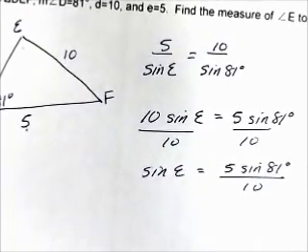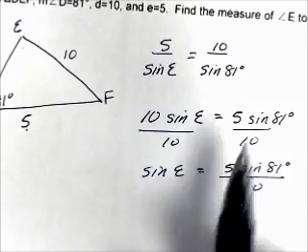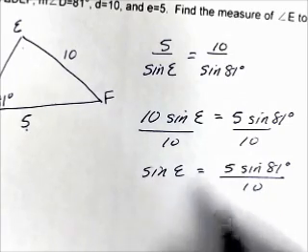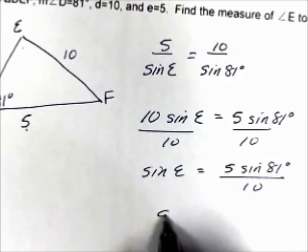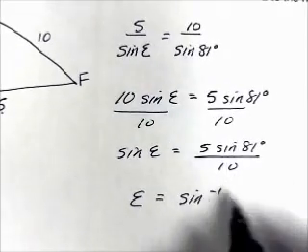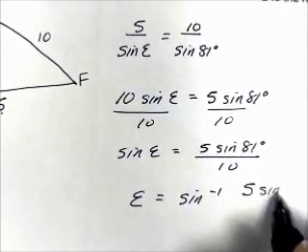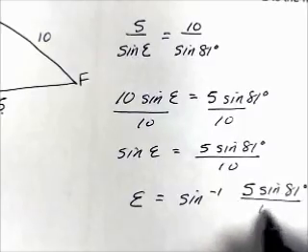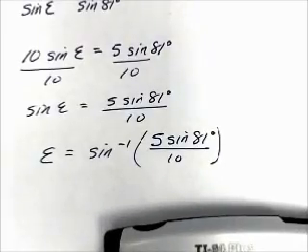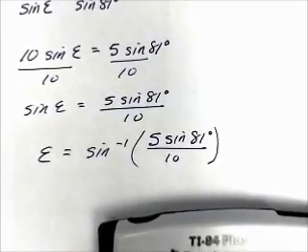So the sine of E is equal to this fraction. So how do we find E, the actual angle measure? Angle E is going to equal the sine inverse of that fraction. Okay, so angle E equals the sine inverse of 5 sine 81 divided by 10.